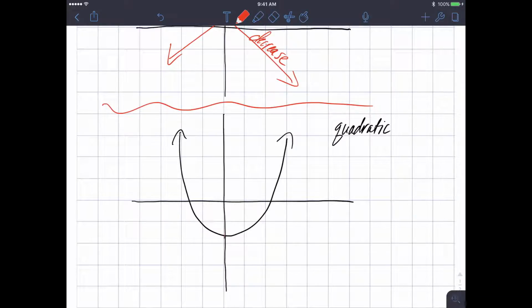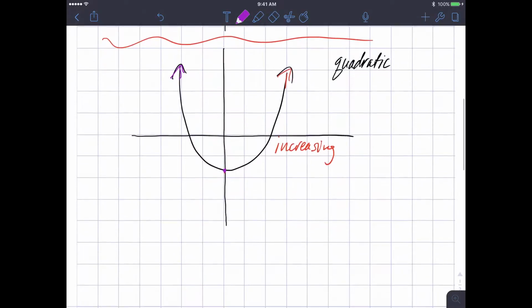Well, we can tell that from here to infinity, it's going to be increasing. And then, change colors, from here to about here is decreasing.